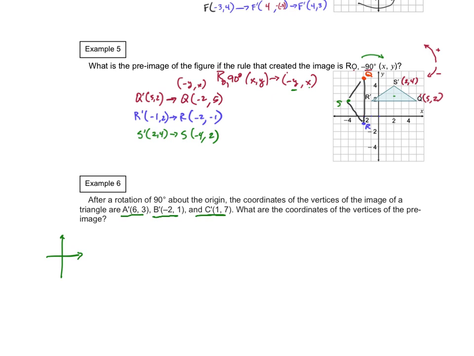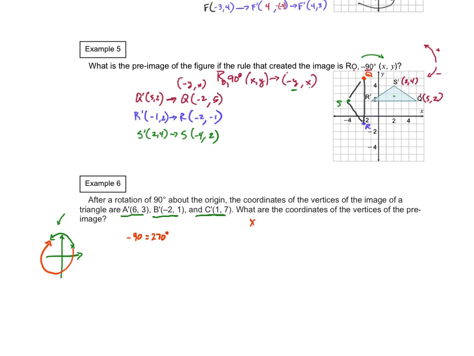So hypothetically, if we are right here, when we rotated 90 degrees, this would have taken us 90 degrees. So in order to get back to that location, we need to go 270 degrees, because we don't have a negative 90 degree option, but we have to know that negative 90 is the same thing as going 270.